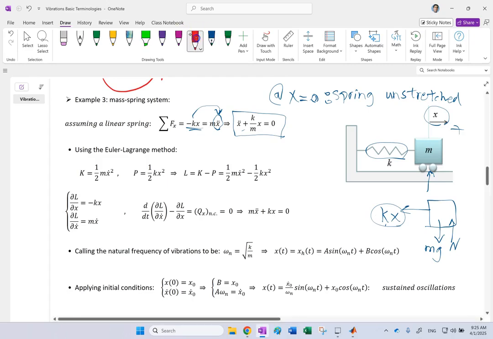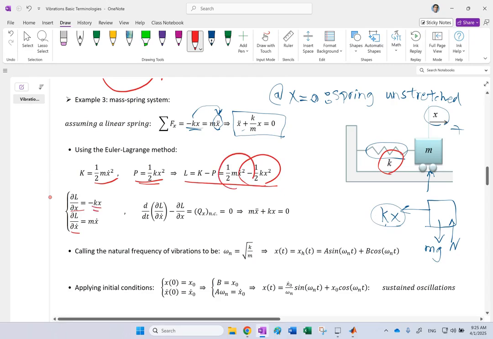Similarly, you can use Euler-Lagrange. Kinetic energy is 1/2 mv squared. V is x dot in this case. Potential energy, there is no potential due to gravity because the object moves on a flat surface. The only potential you have is the spring, and the potential in a spring is 1/2 kx squared, where x is the deflection. So the Lagrangian is the subtraction of the two. You find the partials of L with respect to x and x dot. Partial of L with respect to x is negative kx.